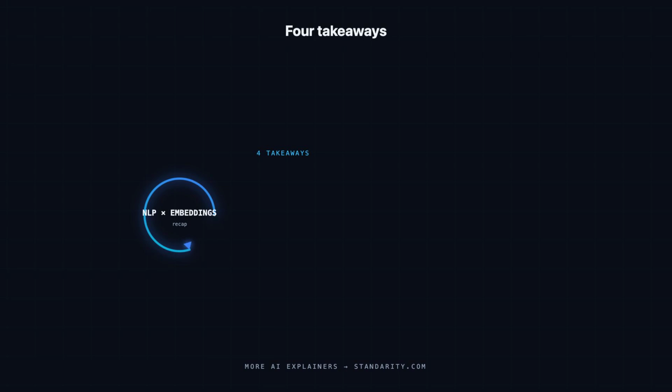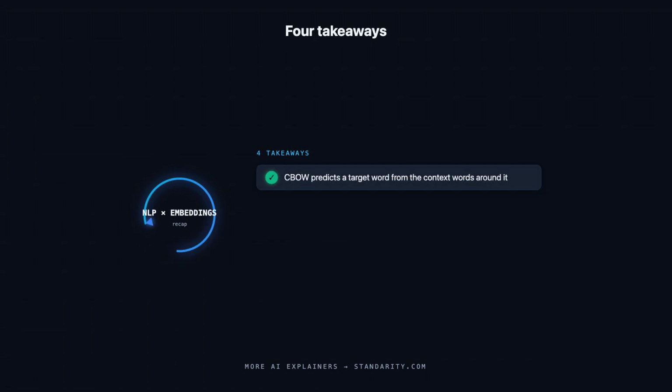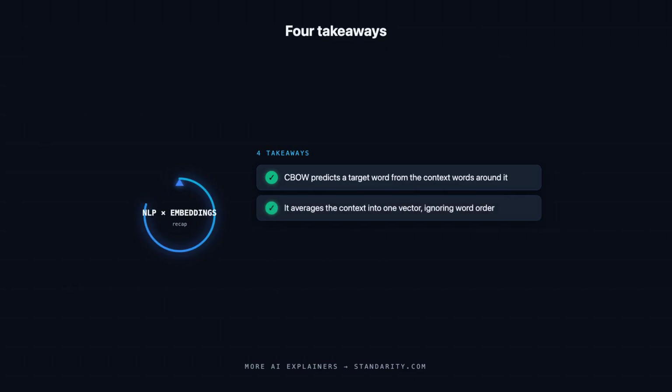All right, let's lock in what matters. CBOW is a core word2vec architecture, and it learns embeddings by predicting a target word from the context words sitting around it. It's called a bag of words because it averages the surrounding context vectors together, ignoring their order, then feeds that average to a classifier to guess the missing word.